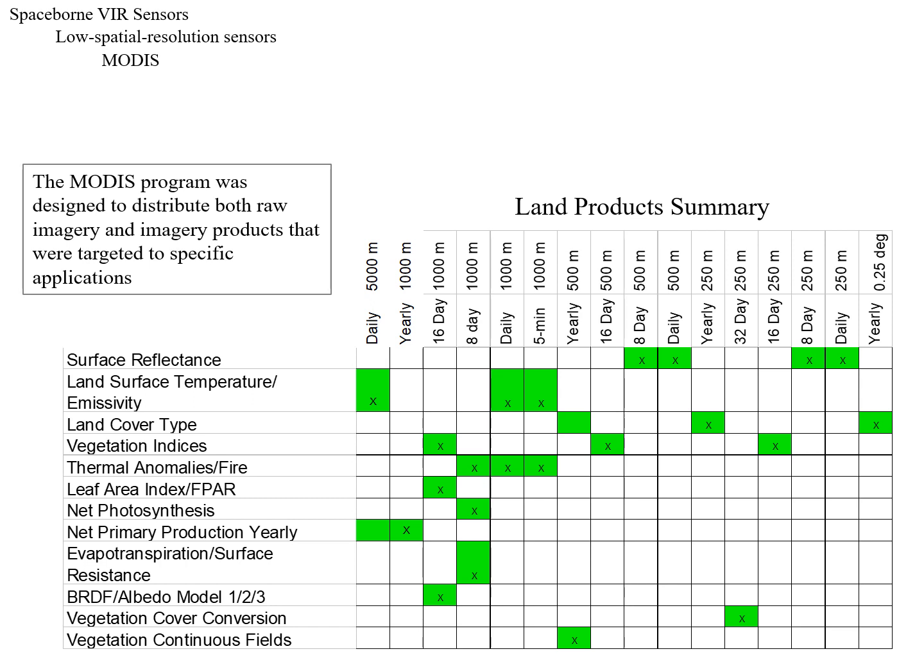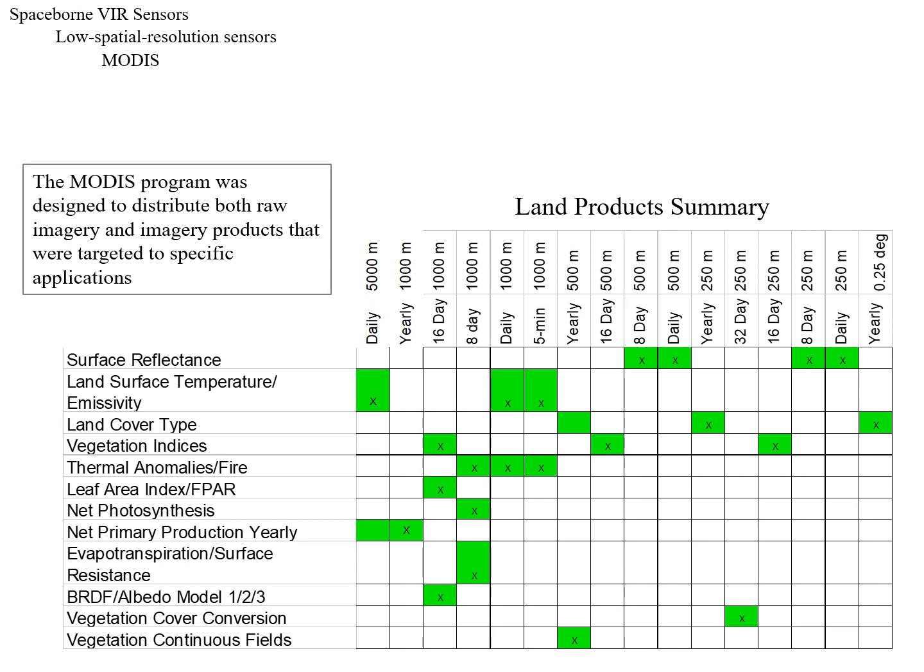That's like a quick alarm product that tells you whether something has suddenly become hot. Leaf area index and fraction of photosynthetically active radiation, that's FPAR.